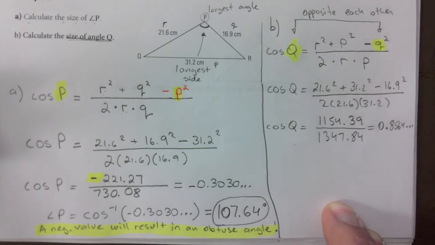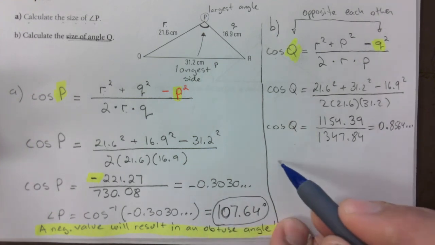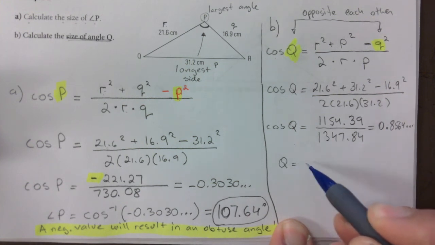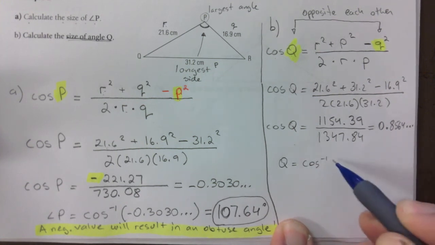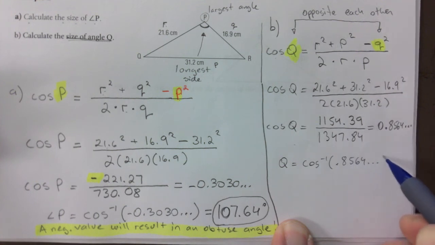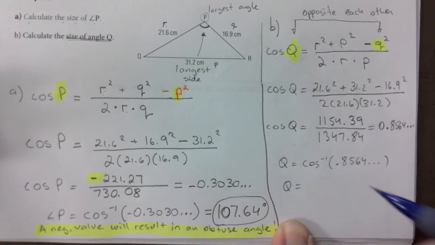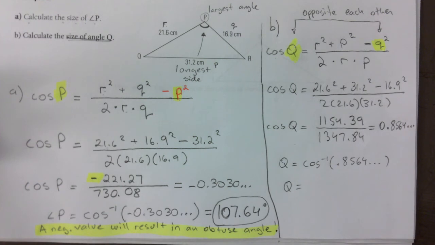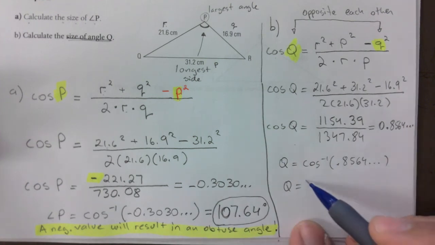So that's 8564. If you can't read that, angle Q is cosine inverse of 0.8564. That's 31.08.